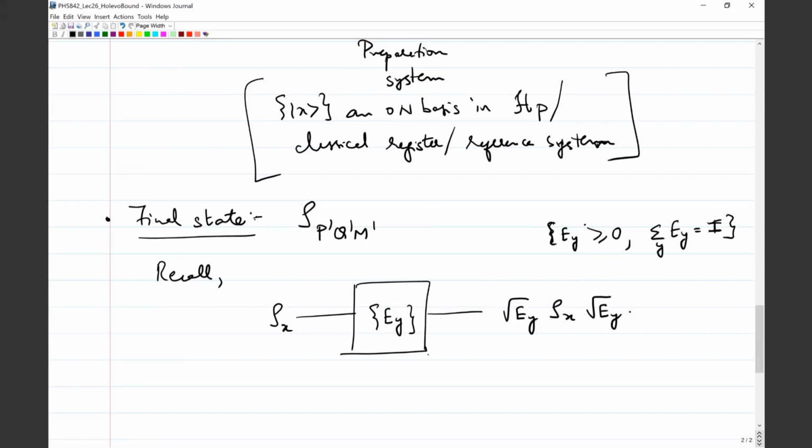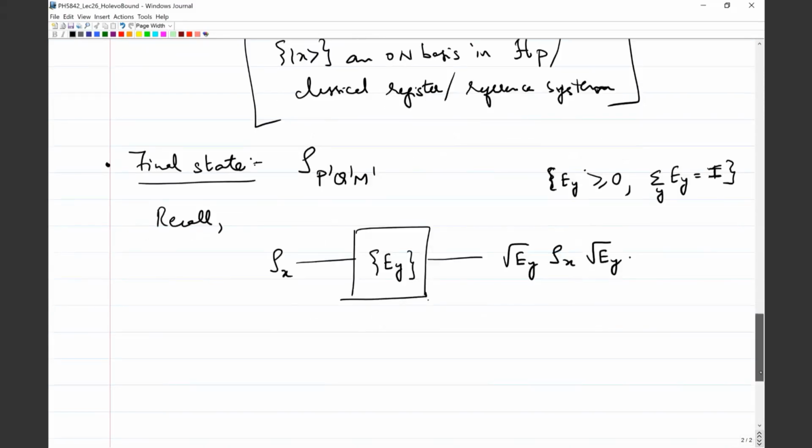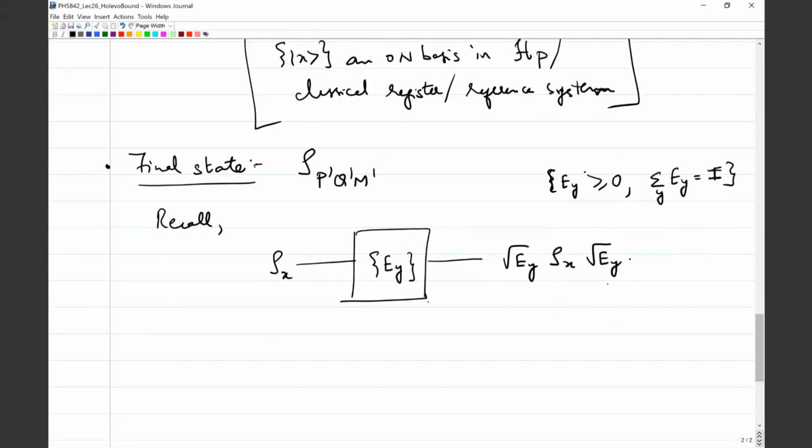How do I get a valid density operator at the end? This is the state that is associated with a given rho X. This is not normalized. So I will normalize it by putting a trace of square root E_Y rho X square root E_Y.